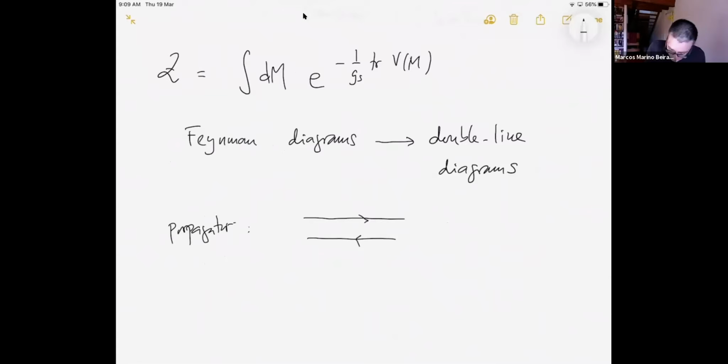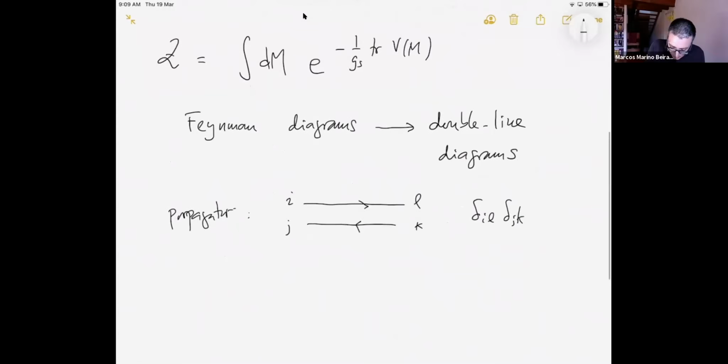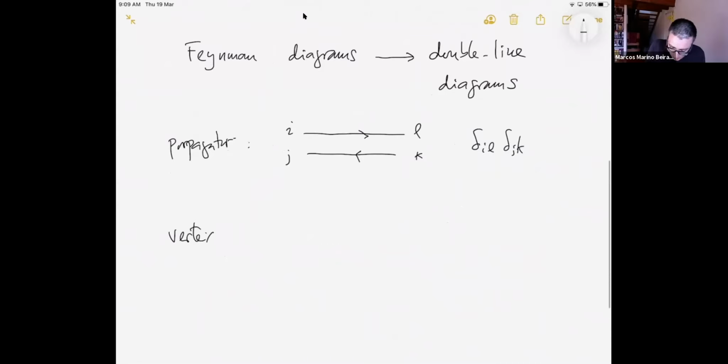And you can think about this as the indices of the matrix, right? So algebraically, this gives me a factor delta_{il} delta_{jk}. And then we'll have a vertex, which in this case is a cubic vertex, but in this double line notation, we're going to write it like this, something like this.